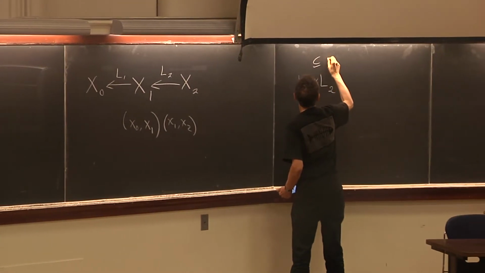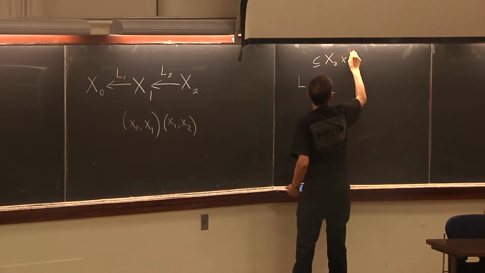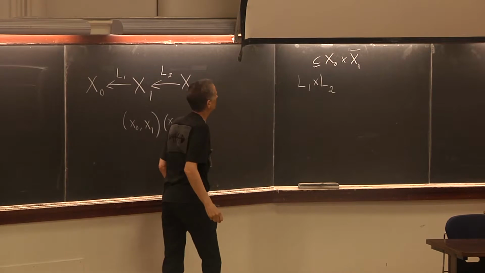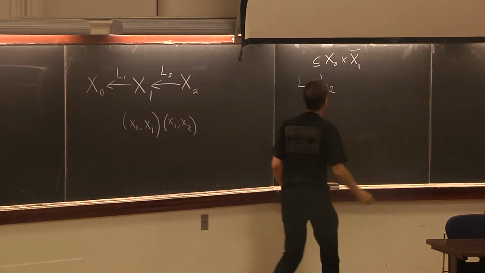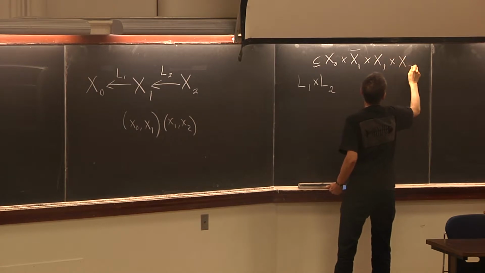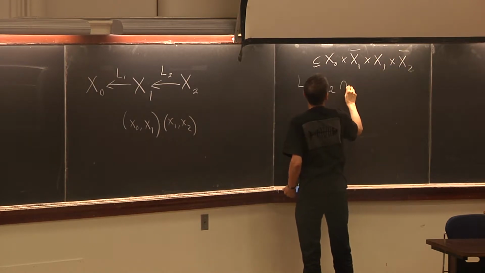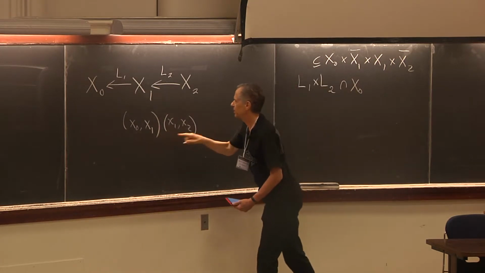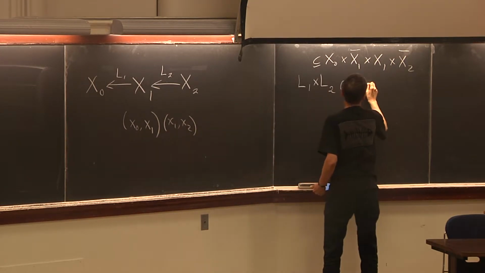All this is going to take place in x0 cross x1 bar, being x1 with the symplectic structure reversed, cross x1 cross x2 bar, intersecting this with the things of this form where the middle component matches.